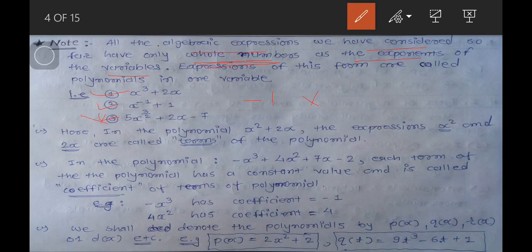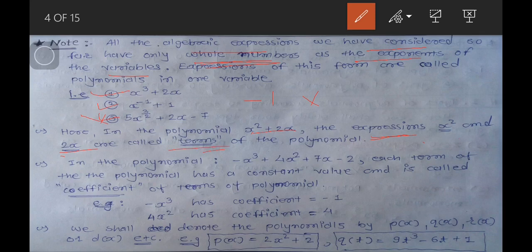Now some other terms that we study in polynomials. In x square plus 2x, the expressions x square and 2x are called terms of the polynomial.